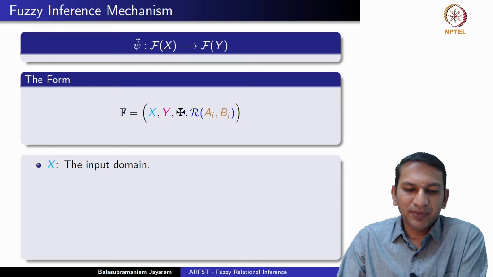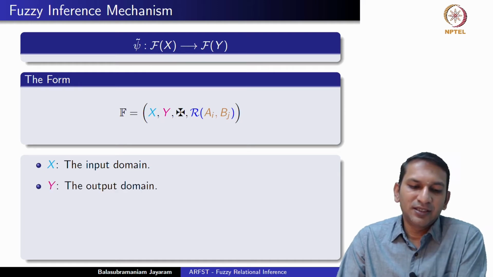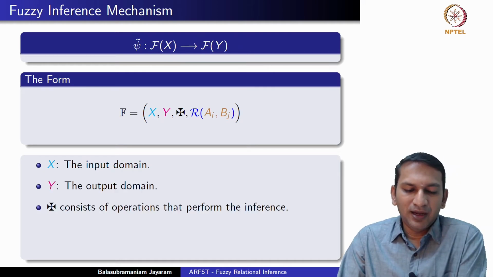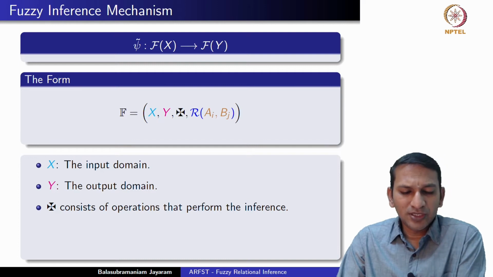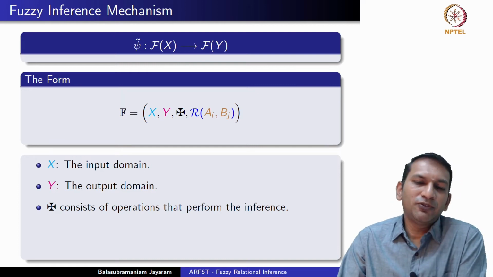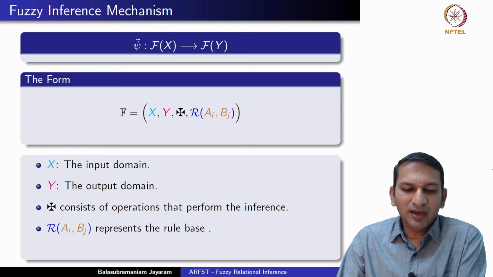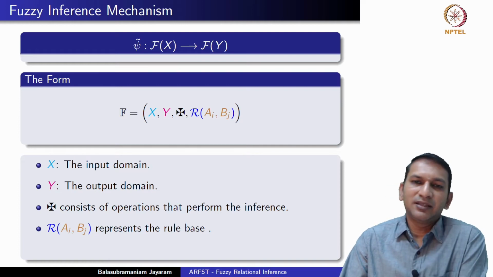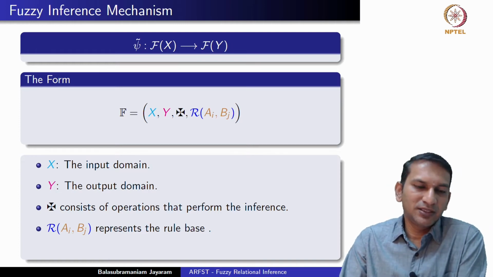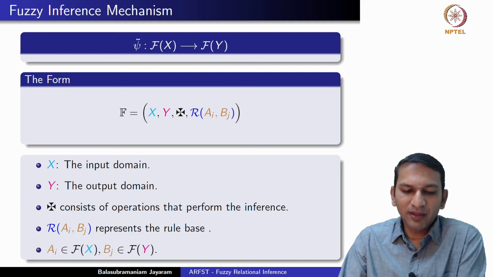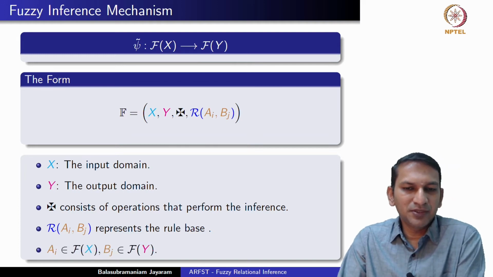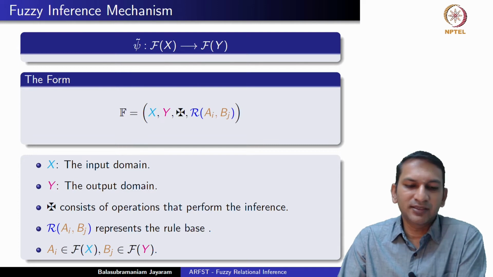Here, what do we have? The input domain X, the output domain Y, and this symbol denotes the operations that actually perform the inference. And R of A, Bj represents the rule base, the set of fuzzy if-then rules. Note that the A's and Bj's themselves are fuzzy sets defined over X and Y.